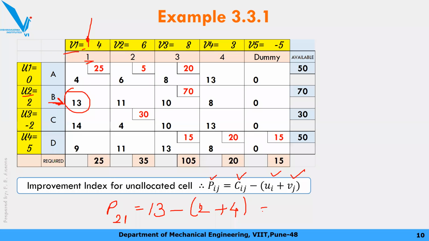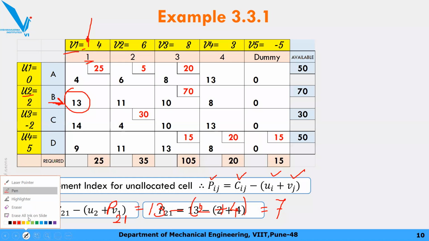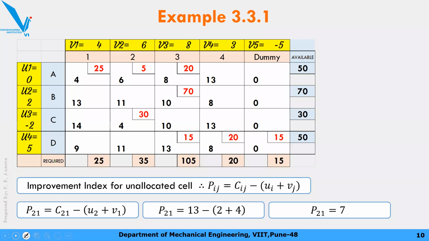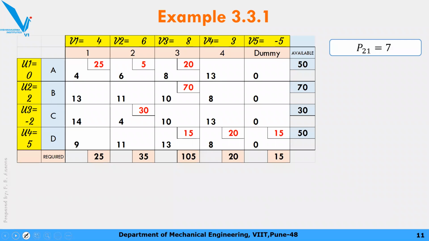So 13 minus 6, it will be 7. So the penalty at 2, 1 is 7. So that means no gain. There is no gain in here.